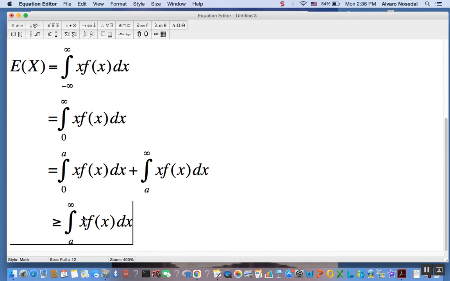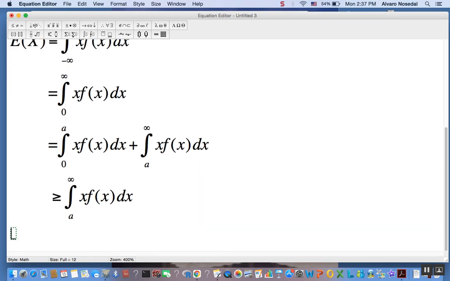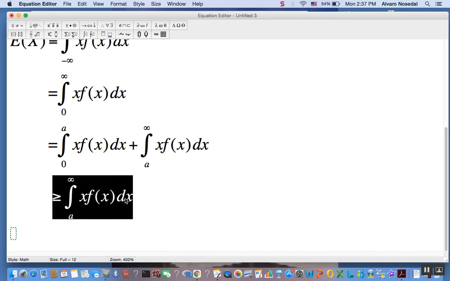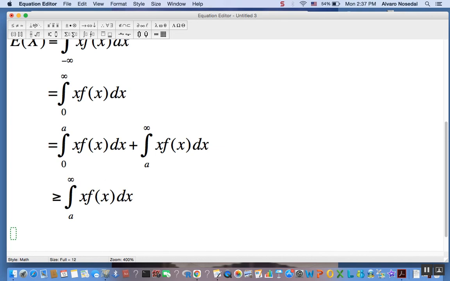If I fix it to be a, a is going to be the smallest of the possible values for the x's.